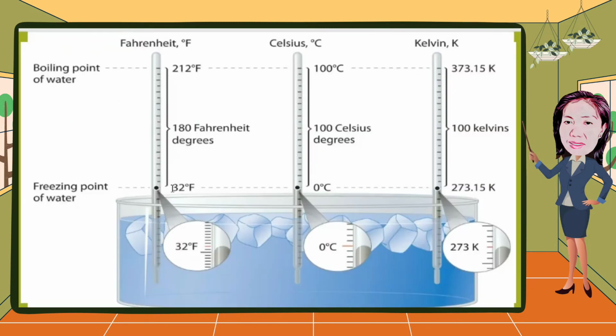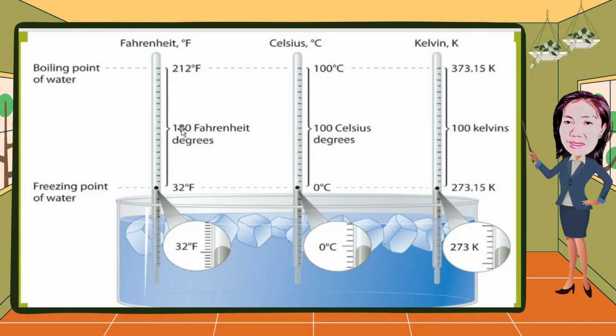Okay. This is the summary of the boiling point and the freezing point. So the boiling point in Fahrenheit is 212 degrees Fahrenheit, and the freezing point in Fahrenheit is 32 degrees Fahrenheit. So when we subtract 212 minus 32, you will have 180. So paano isulat?